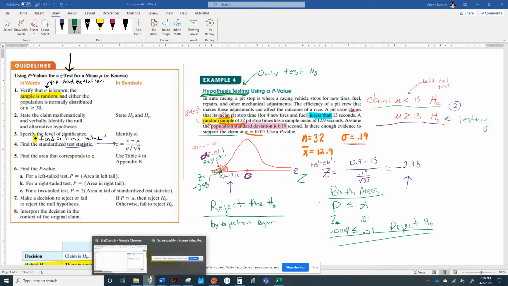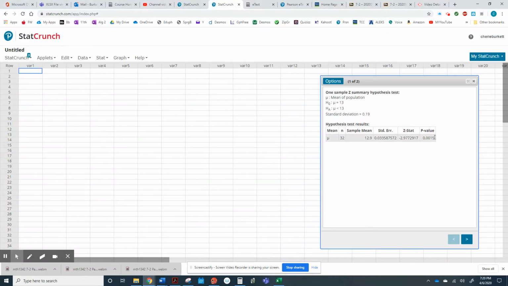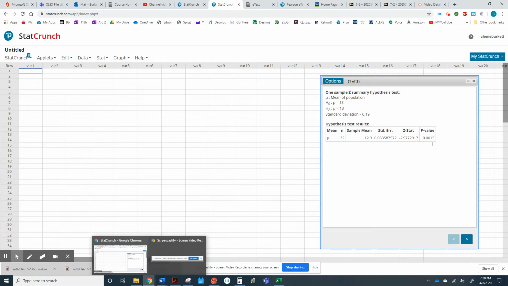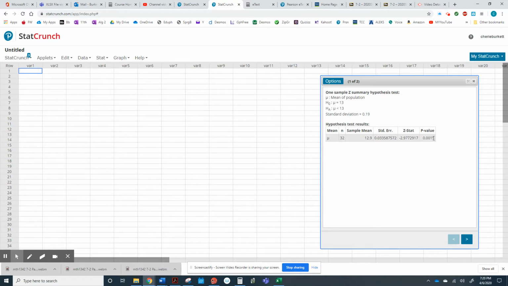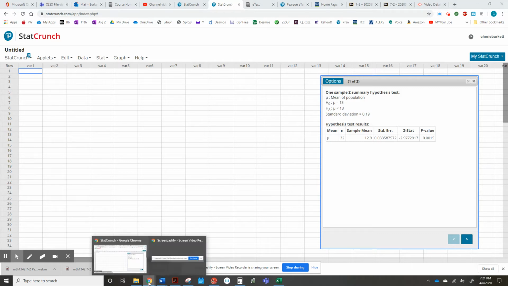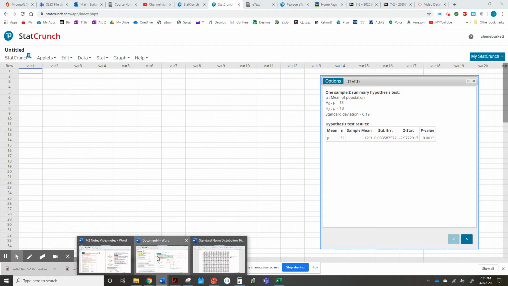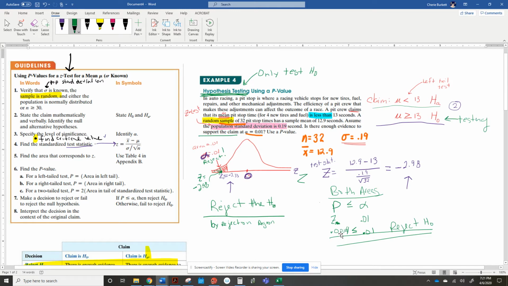And then they're also showing us our p-value. And our p-value, they have 0.0015. That's just a round off error, but that's okay, because 0.0015 is still going to be less than 0.01. So even the round off error doesn't matter. So we got our p-value right here, 0.0015. We would say 0.0015 is less than 0.01.